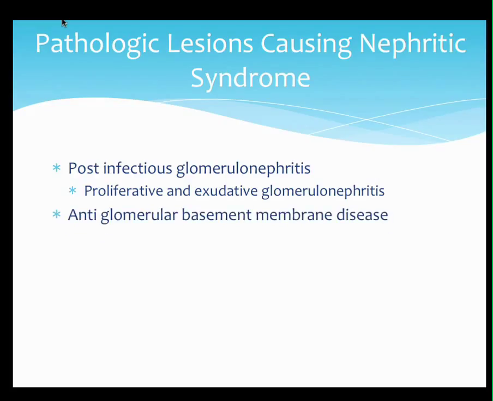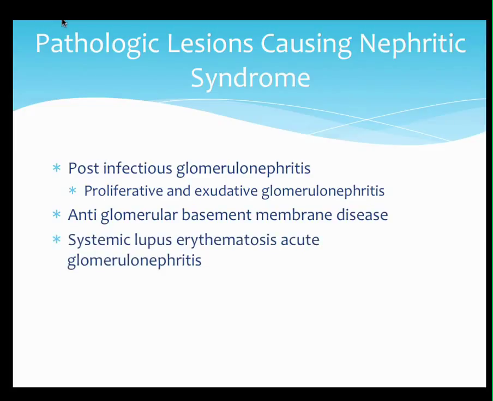Antiglomerular basement membrane disease is a relatively unusual disease, but does produce nephritic syndrome. Systemic lupus erythematosus has a number of different processes which cause abnormalities in the glomerulus. The one that produces a diffuse proliferative process is characteristically associated with nephritic syndrome.